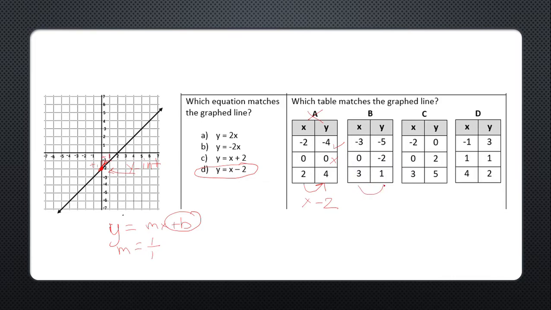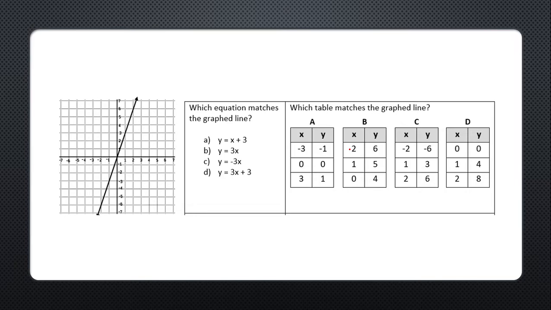Am I subtracting 2 from x every time? Does negative 3 minus 2 equal negative 5? Yes, it does. Does 0 minus 2 work? Yes, 0 minus 2 is negative 2, and 3 minus 2 is 1. So B is the correct answer.